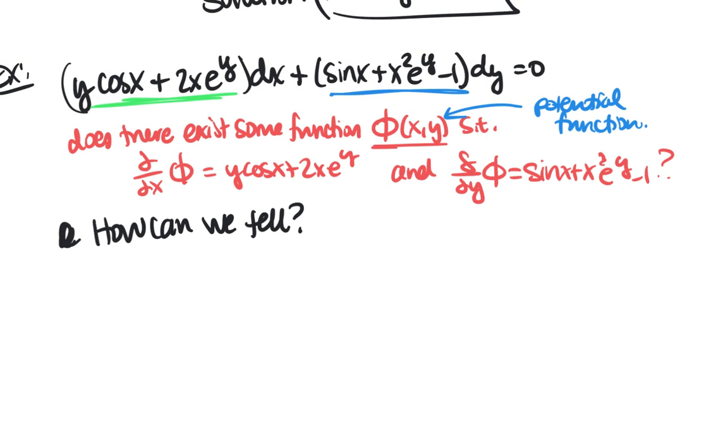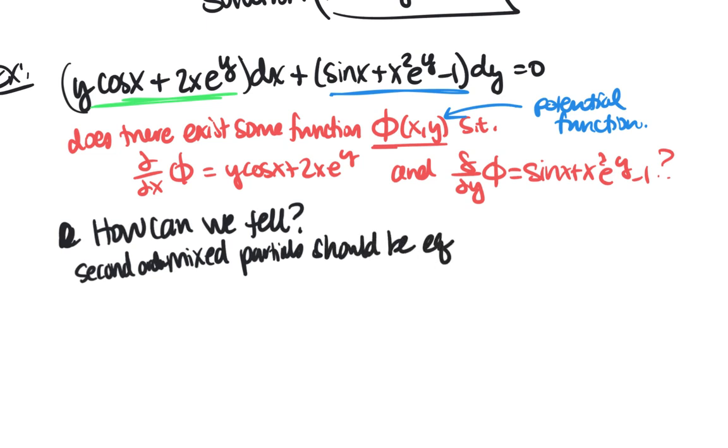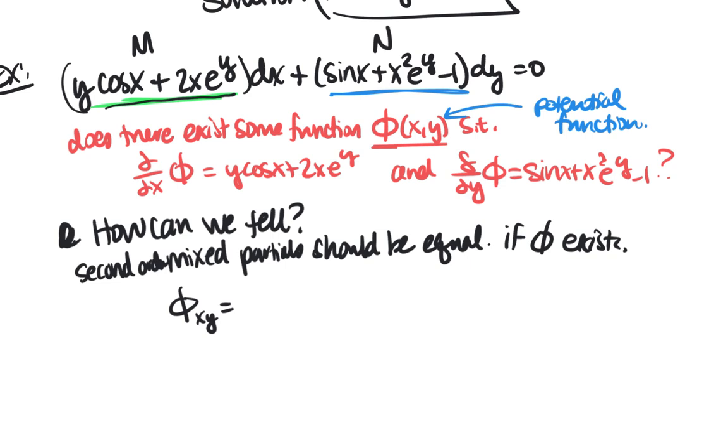So the answer is that our second order mixed partials should be equal if such a phi exists. If this is already the derivative with respect to x, I want to take the derivative of that with respect to y. So phi sub xy is going to be equal to, a lot of times we'll call this M and this N, M sub y, which is the partial derivative of that with respect to y.